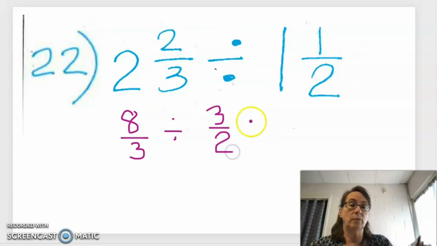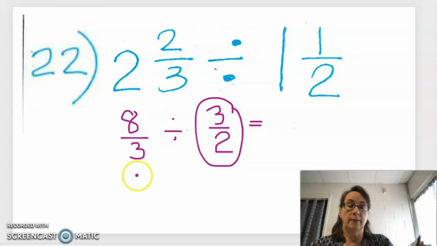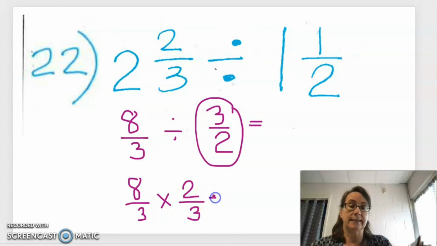So now we're going to have to multiply by the reciprocal, which is going to be 8/3 times, flip this one over, 2/3, is 16/9.